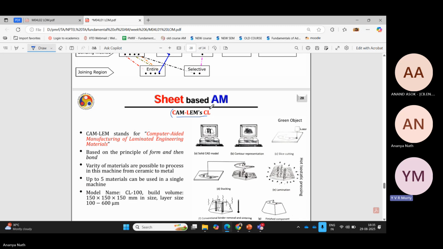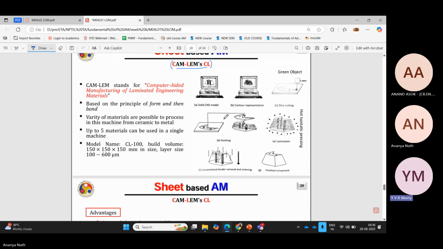So that means after lamination, we need to take that object from the machine. Sintering is not the only process that is used in this technology.